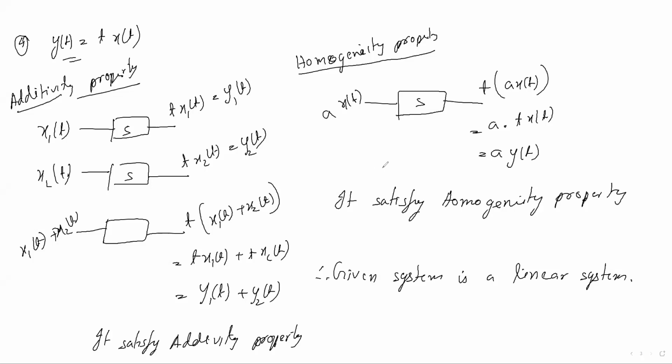Take some homework. Check whether these systems are linear or non-linear. One: y of t equal to x of 2 minus t. Two: y of n equal to a x of n.